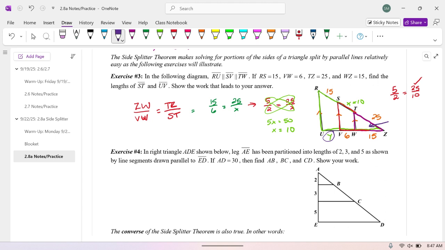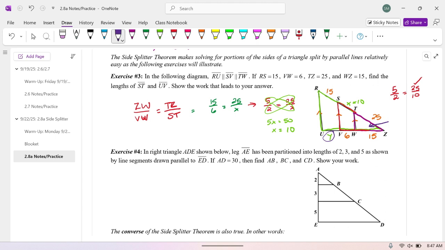Always use sides that are flat out given to you from at least one of the triangles. We could have also added up the sides to get SZ and VZ, but the only problem with that is that if you got ST wrong, it would mess up your calculation. So always use your given information as references.